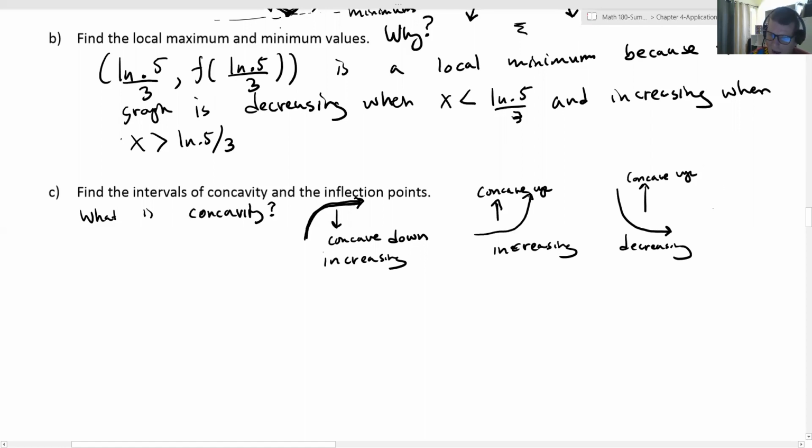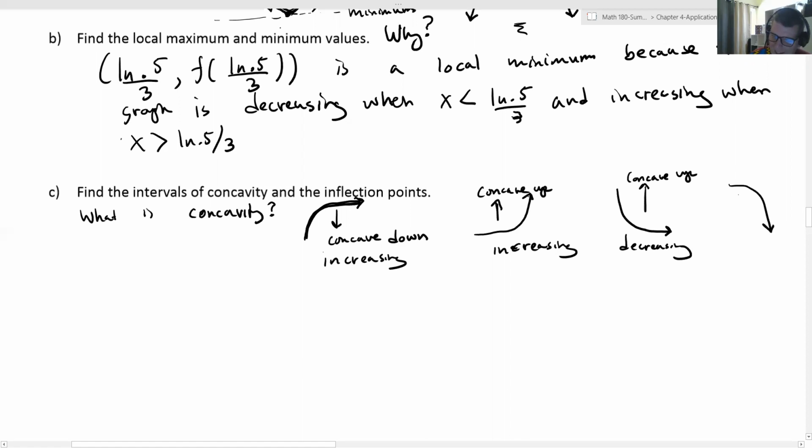Okay, and trying to think of concave down and decreasing. There it is.